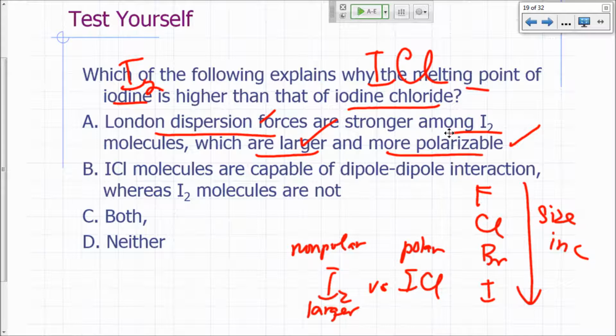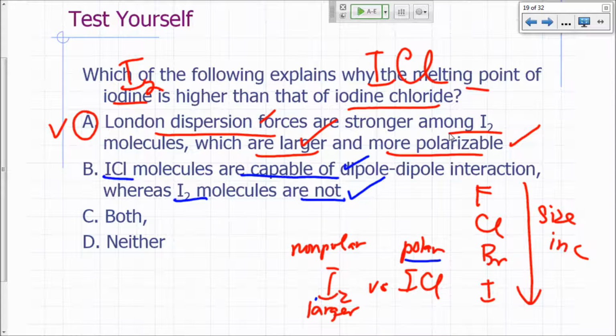Stronger forces of attraction, higher melting point. Higher melting point and higher boiling point, right? So that's good. A is okay. How about choice B? ICl molecules are capable of dipole-dipole? Yes. I2 molecules are not capable of dipole-dipole. Non-polar, non-polar. So they're not capable of dipole-dipole. So that's okay too, right? So the statement is true.